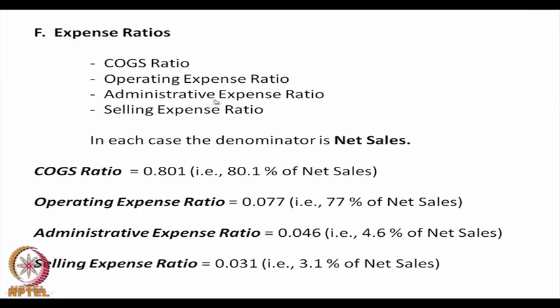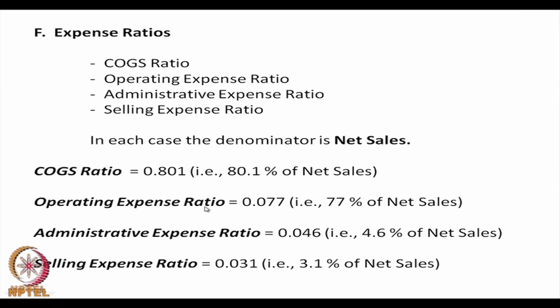Administrative expense ratio is administrative expense divided by net sales. And selling expense ratio is selling expense divided by net sales. In this case, though the details are not shown here, the COGS ratio comes as 0.801. That means of the total sales, the cost of goods sold is 80.1%.